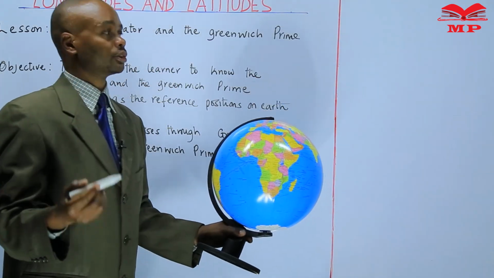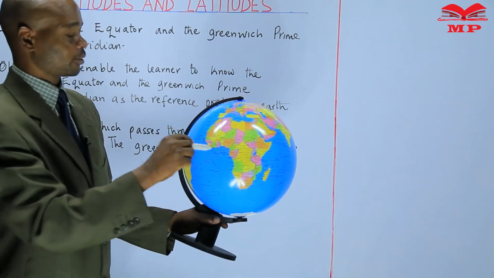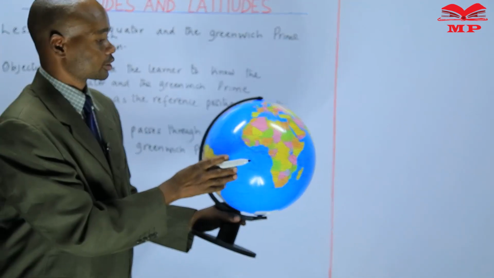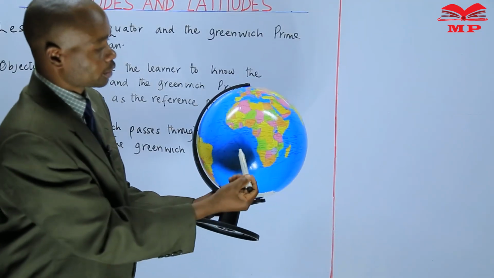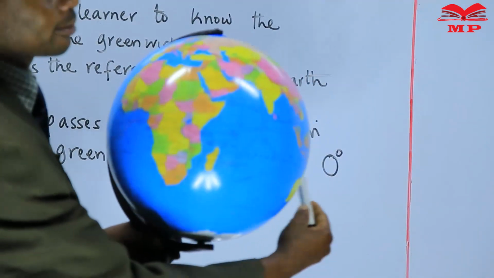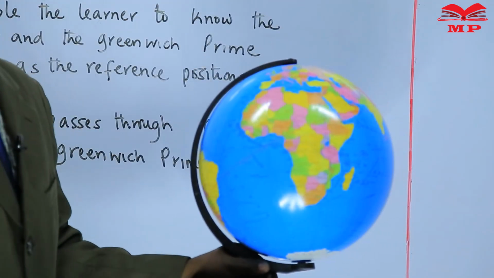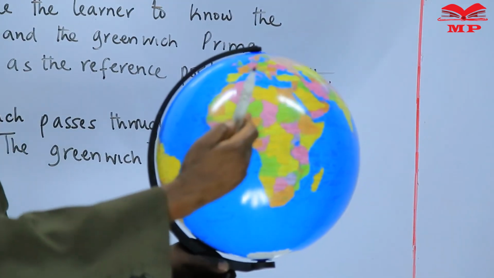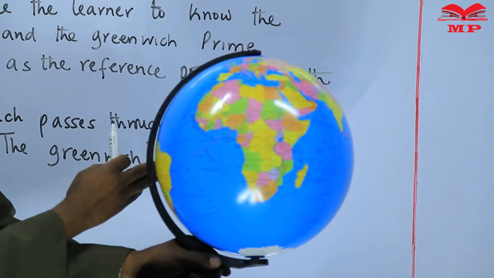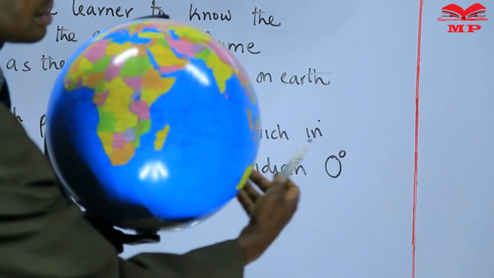In earlier lessons, you did rotation. A full complete turn will be 360 degrees. But when you are looking at this Greenwich Prime Meridian, when you move half of it, that is 180 degrees. So the Prime Meridian will cut this part into the western part and the eastern part.